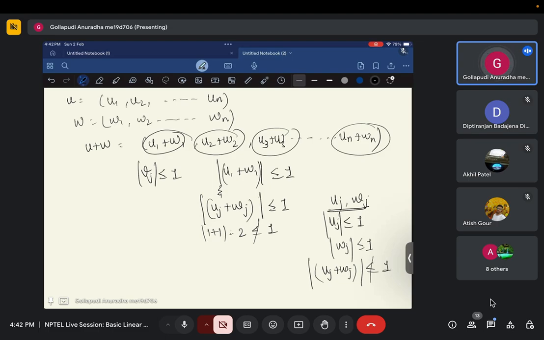So that second condition, that the addition has to follow, should follow the constraint. So this is a constraint which is not allowing the addition to be in the set. This is a restriction because of which the set is not staying in the vector space.